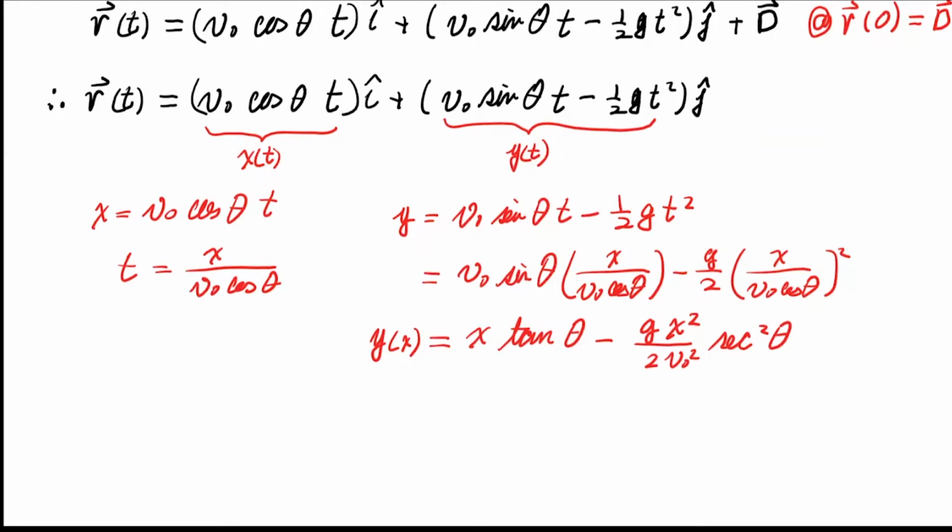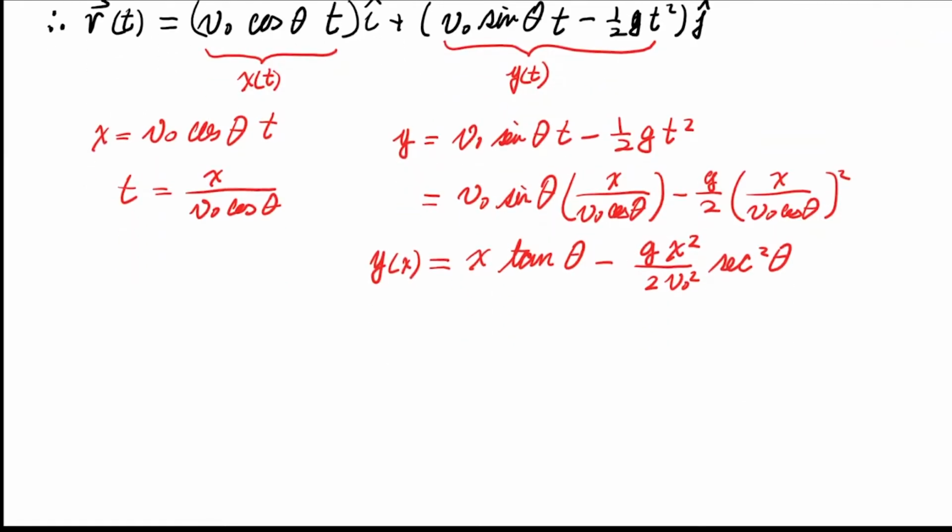Okay, let's apply it. First example is the maximum range. Those of you who ever played ball, you instinctively know, or your coach taught you, at what angle you are supposed to throw the ball from horizontal to make it go farthest.